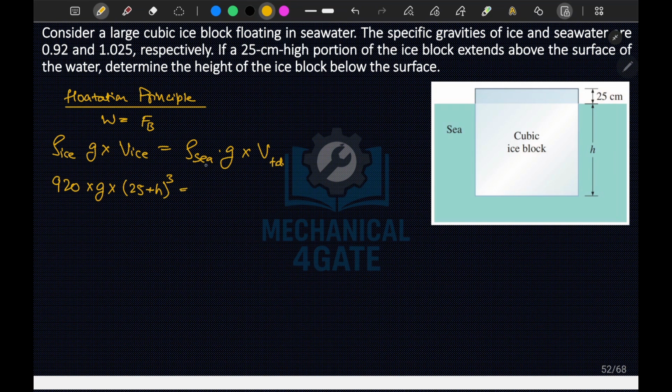This is equal to density of sea water, that is 1025, times g times volume of fluid displaced, which will be a cuboidal volume of dimension h depth, and width of h plus 25, so h times h plus 25 squared. Let's calculate the value of h in centimeters here. Okay, so this is correct.